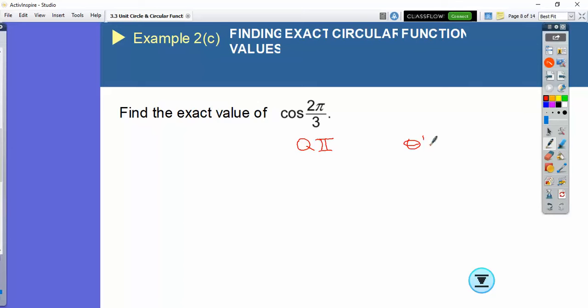Reference angle, 60 degrees, so that's pi over 3. Okay, so in quadrant 2, sine is positive, that means cosine is a negative. Cosine of 60 is radical 3 over 2.